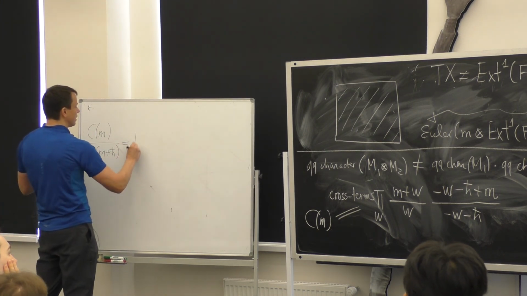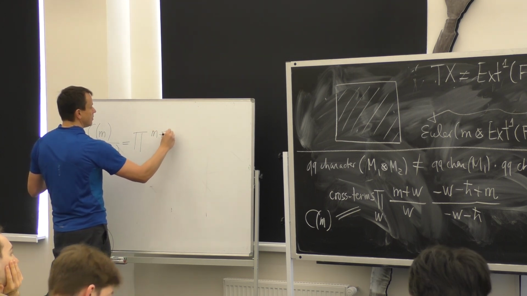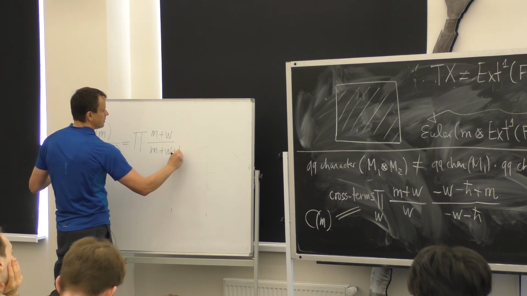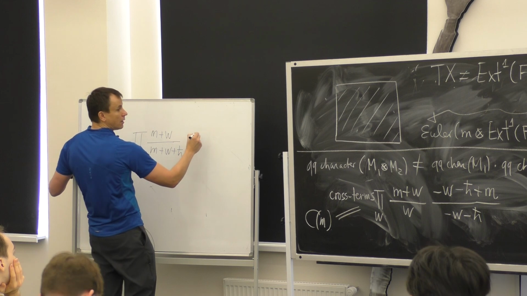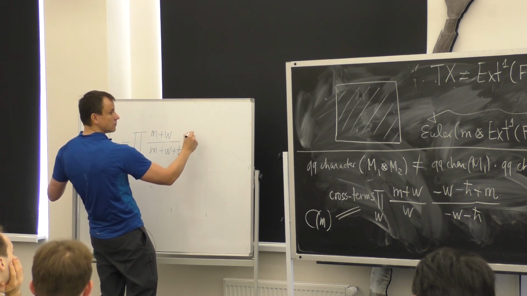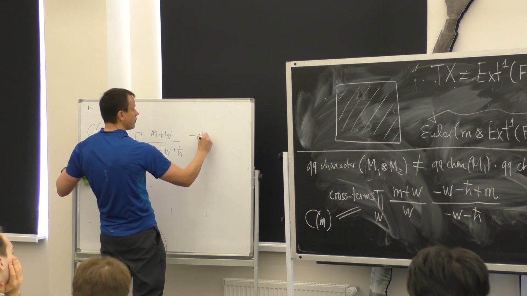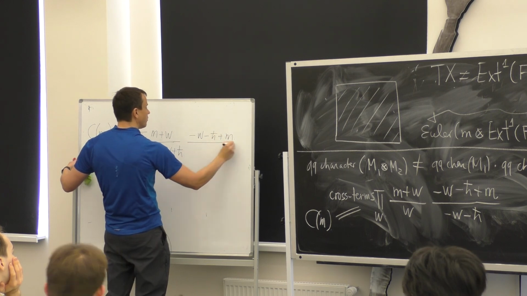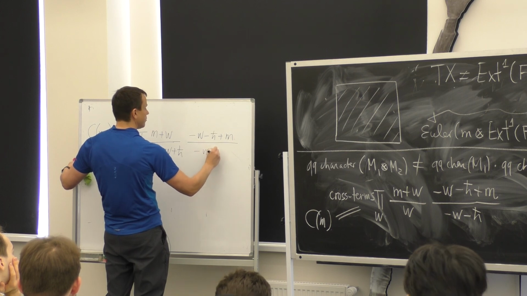I'm going to get the product of m plus w over m plus w plus h bar, and here I'm going to get minus w minus h bar plus m over minus w minus h bar.